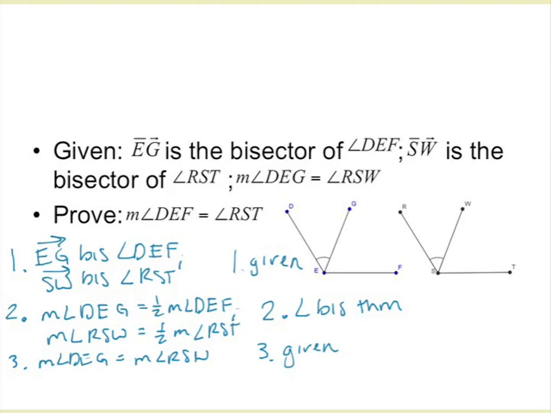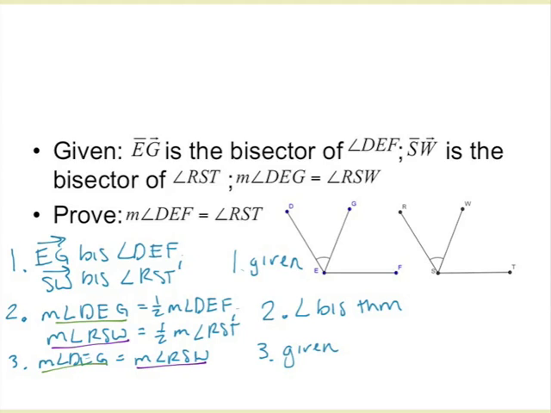So now, in steps 2 and 3, we've listed a lot of angles here. So what I want to do is try to see if I can set up some sort of a chain to get myself from one piece to another piece. So I know that DEG is here and here. I know that RSW is here and here. So if DEG and RSW are equal, then anything that they equal must also be equal to each other.